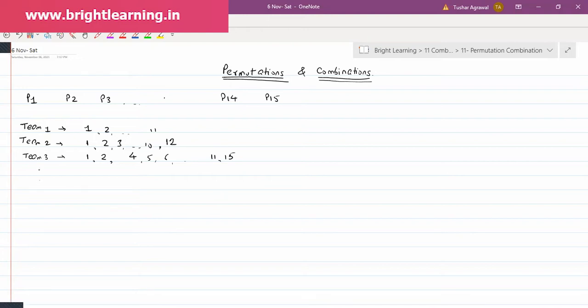Many more such teams will be there. So this is one example of a combination. The puzzle that I gave you is: in how many ways can you form the team of playing 11 out of this 15-member squad? This is one question of combination.